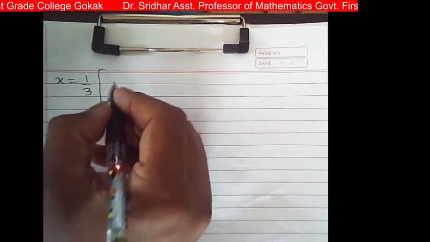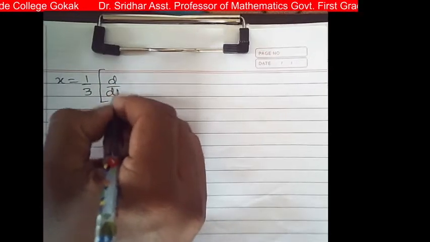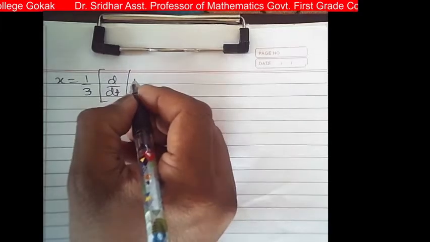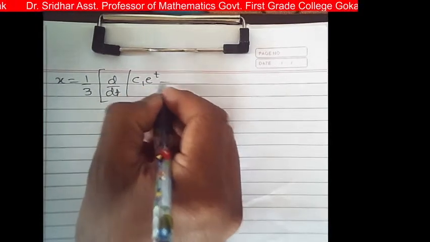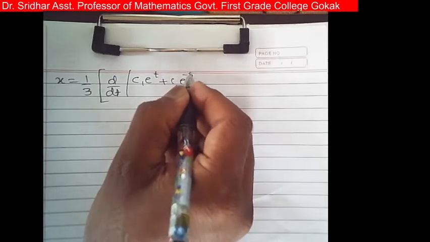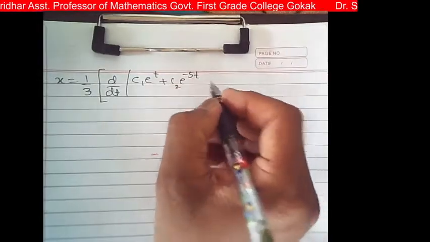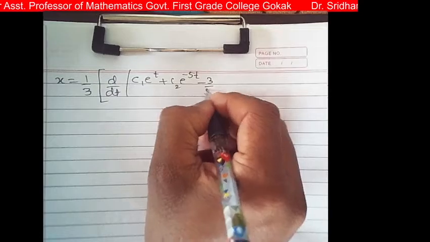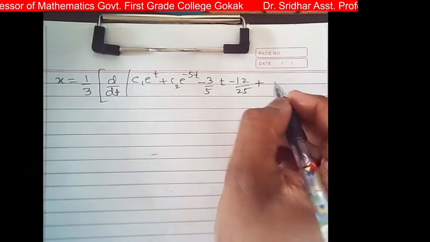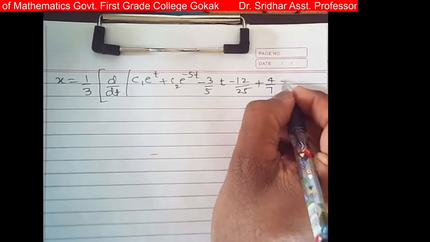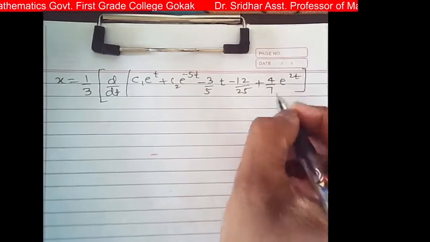Therefore x is equal to 1 by 3 into bracket d by dt of the y value. So y is c1 e raised to t plus c2 e raised to minus 5t, then minus 3 by 5t minus 12 by 25 plus 4 by 7 e raised to 2t. So this is y.